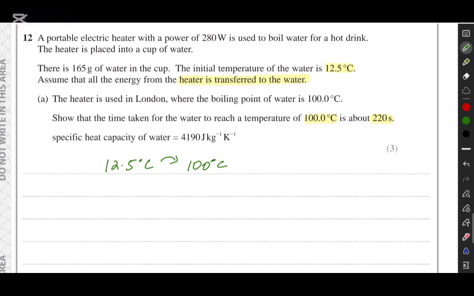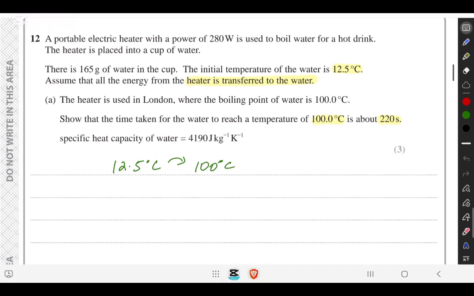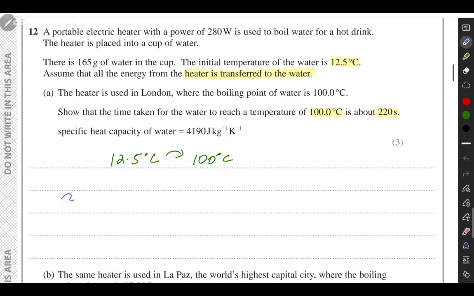So for the energy, we can use the formula E equals mc change in temperature. Now you may notice that the specific heat capacity of water is in Kelvin, but the temperatures we have are in Celsius.